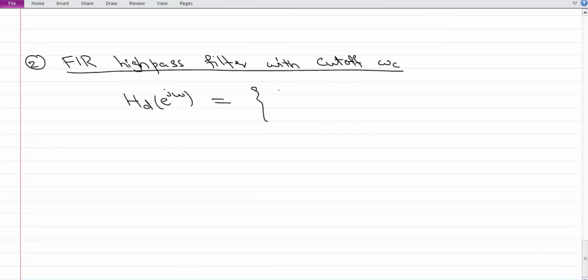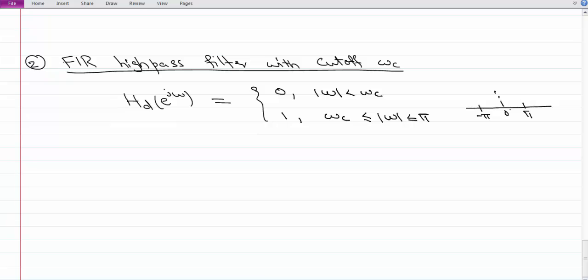So this is a high pass filter. It's 0 up to the cutoff frequency, and then it is 1 between the cutoff frequency and pi. So the filter looks like it's from minus pi to pi, 0 at the cutoff frequency. So this is omega c, this is minus omega c.